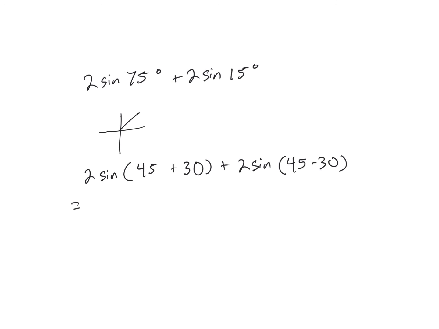So then from our trig identity, this is equal to, remember, it's supposed to be 1/2 in front of our identity. Since we have sine plus sine, it's sine of A plus sine of B equals 1/2 times sine of A plus B plus sine of A minus B. So we're close. We want the 1/2, it's a 2.